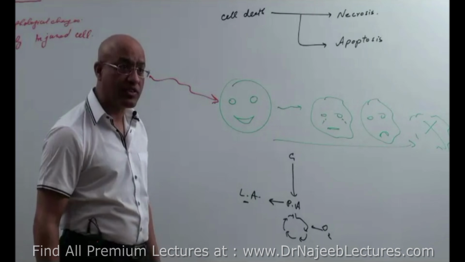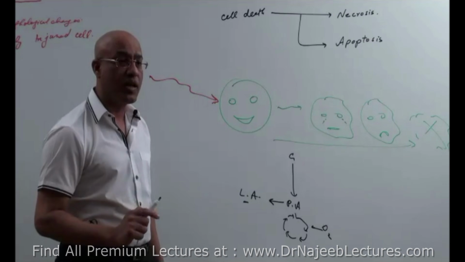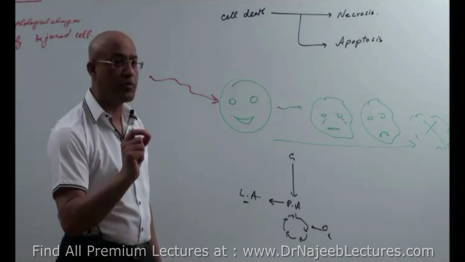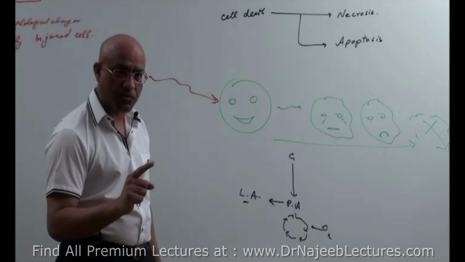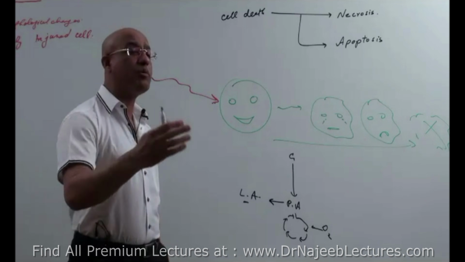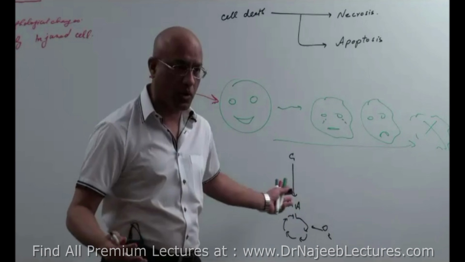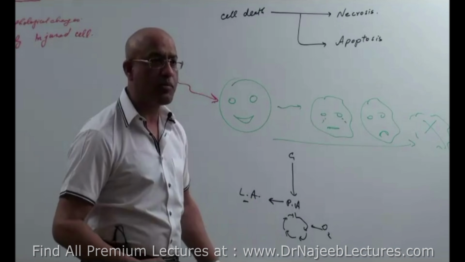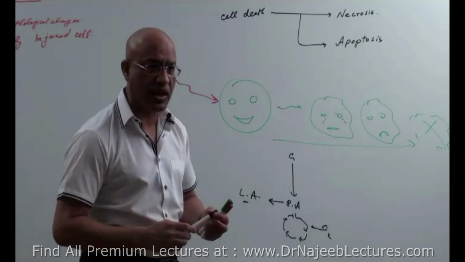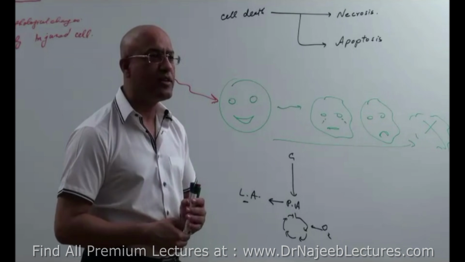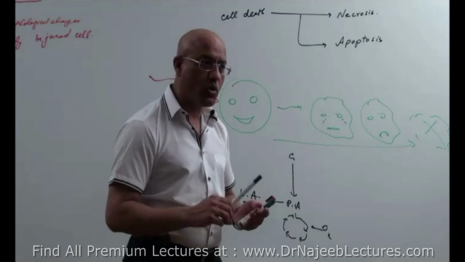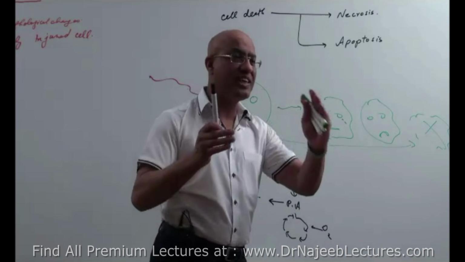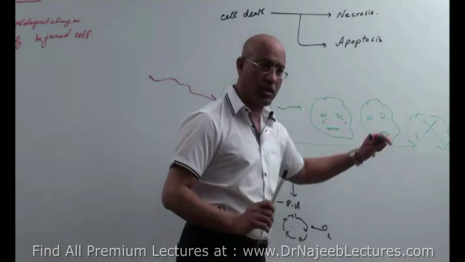And if lactic acid accumulates in the cell, it will make the intracellular environment very acidic. There will be more biochemical changes as well, not only this. All these biochemical changes in the lethally injured cell denature the proteins present in the cell.